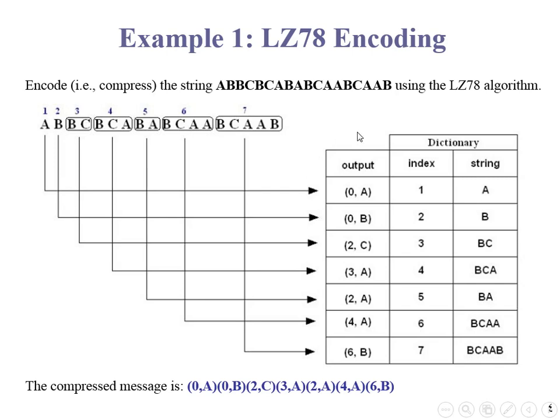Now the output of encoding this stream of characters will be 0A, 0B, 2C, 3A, 2A, 4A, 6B.